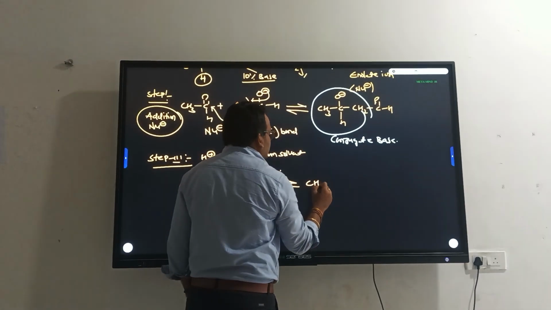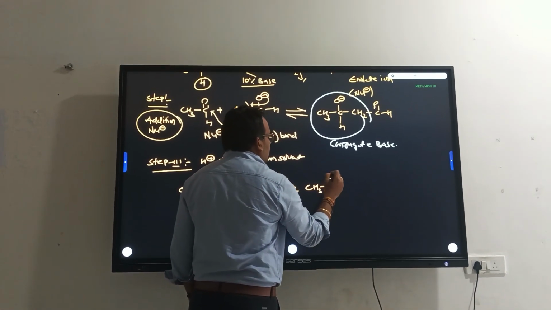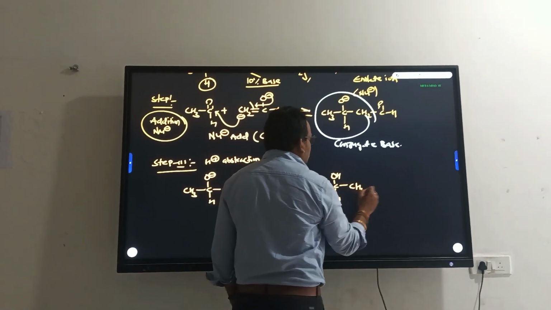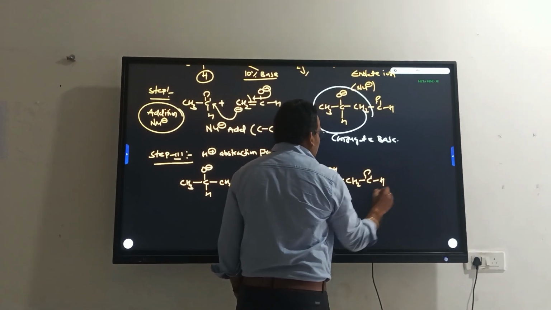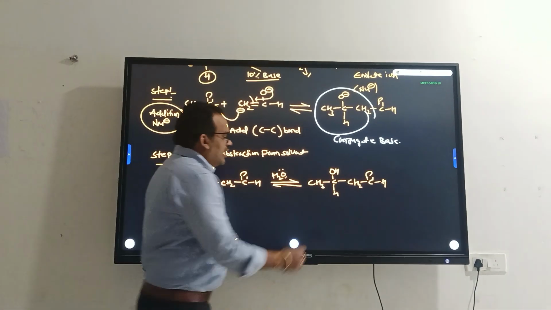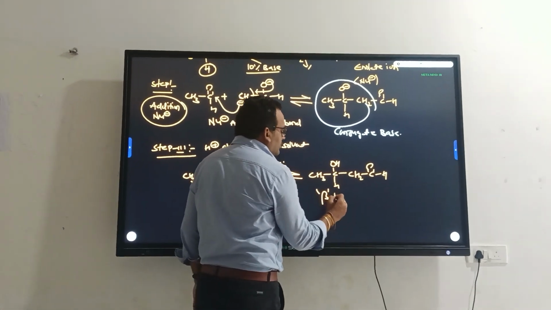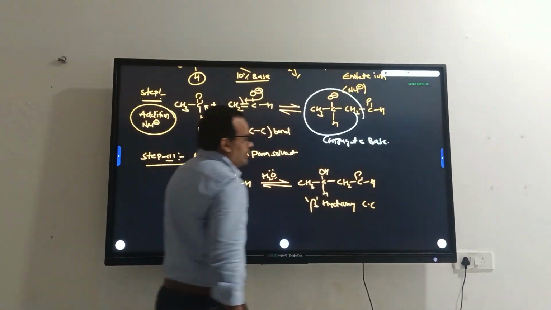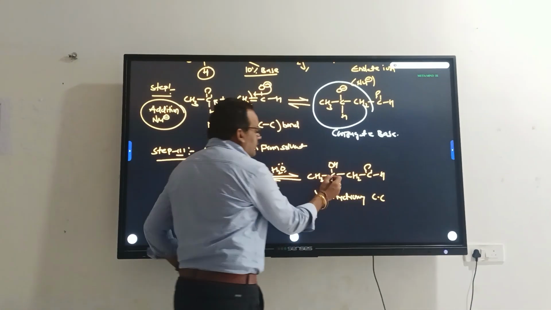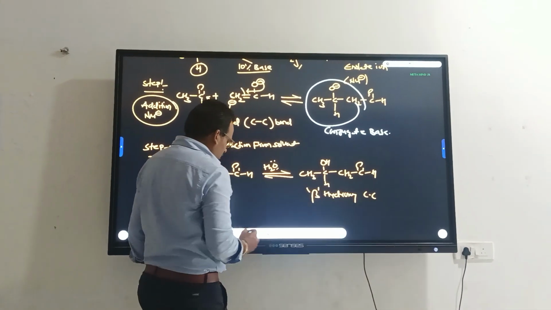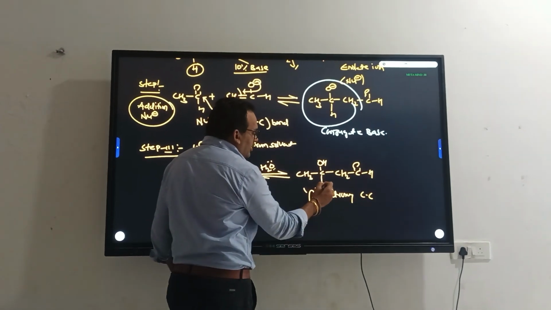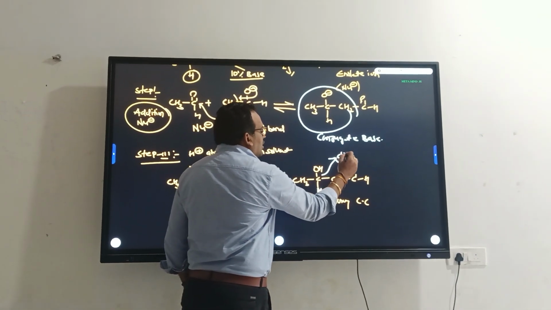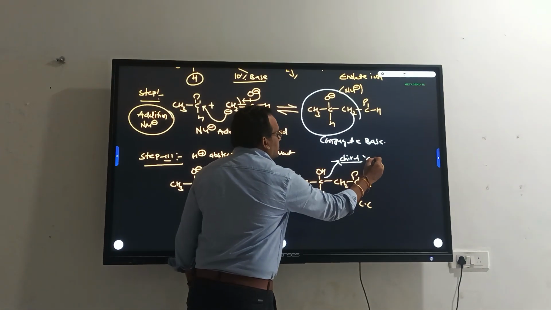So it will form CH3, here OH, and here H, and here CH2 and C double bond OH. This one we call a beta hydroxy carbonyl compound. Now if you see, this carbon contains 4 different groups: hydrogen, OH, and so on. So this carbon is a chiral carbon, a chiral center.